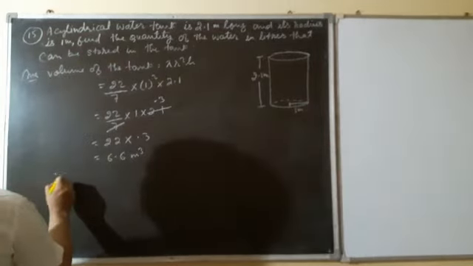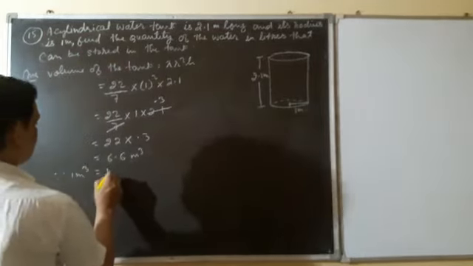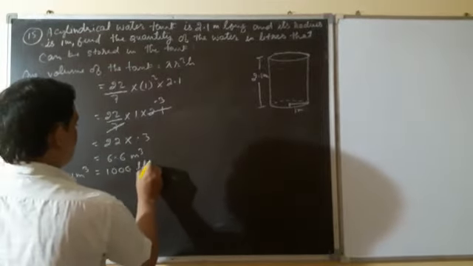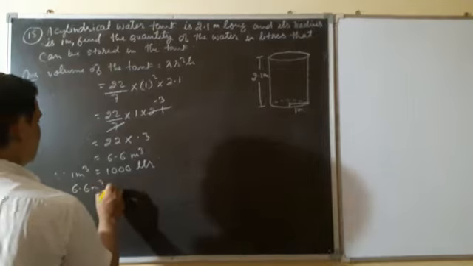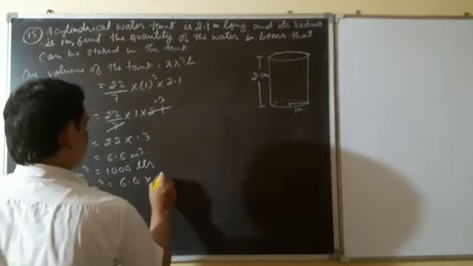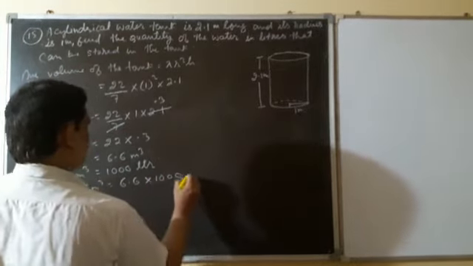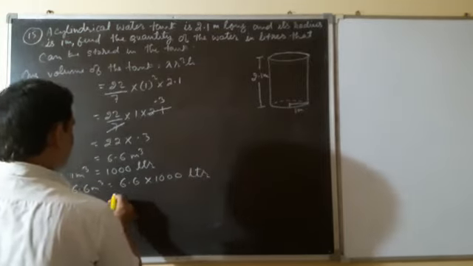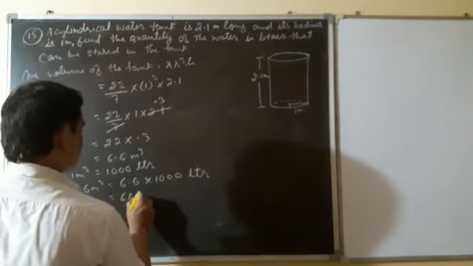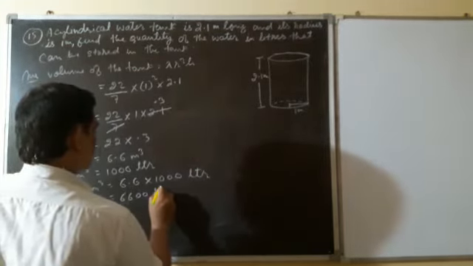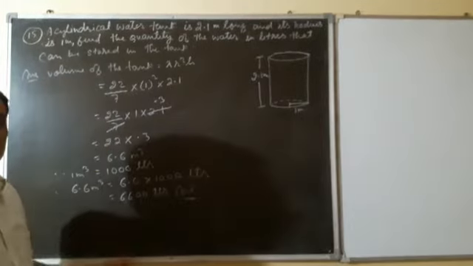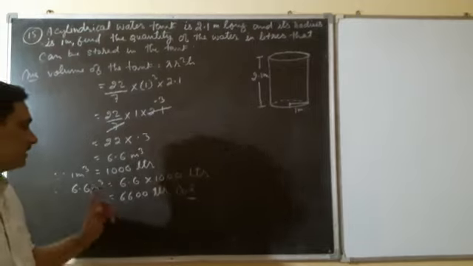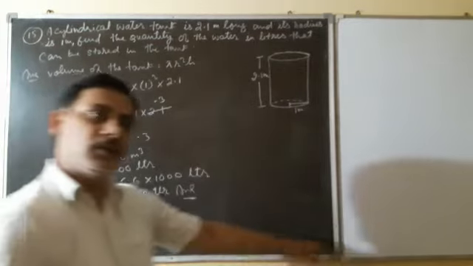As we know, 1 cubic meter is equal to 1000 liter. Therefore 6.6 cubic meter is equal to 6.6 into 1000 liter. So it will be 6600 liter. Answer: this much water it can hold, 6600 liter.